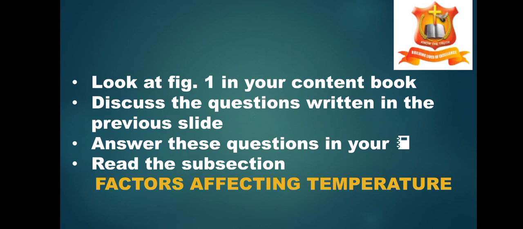Answer those questions in your notebook. After that, read the subsection Factors Affecting Temperature. You can pause the video here and follow all the instructions that are told to you. Come back again, we will discuss those questions and a few more questions.